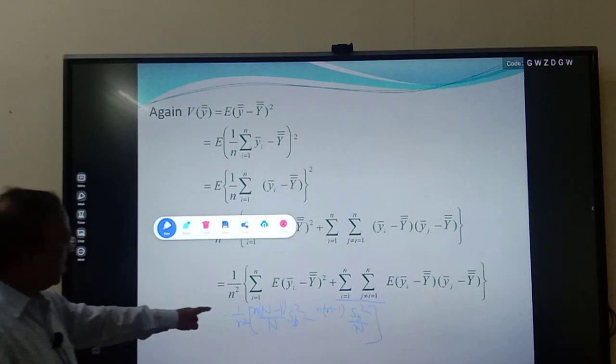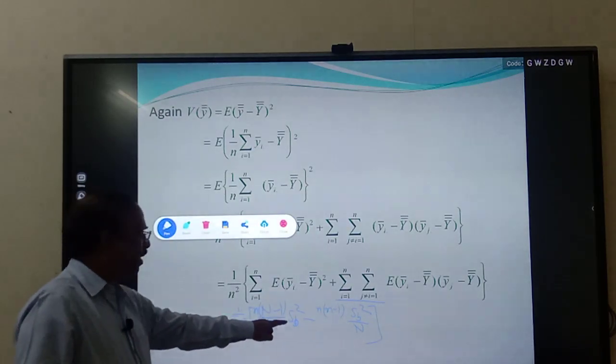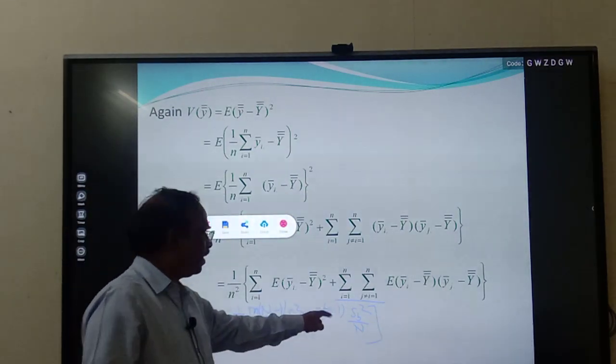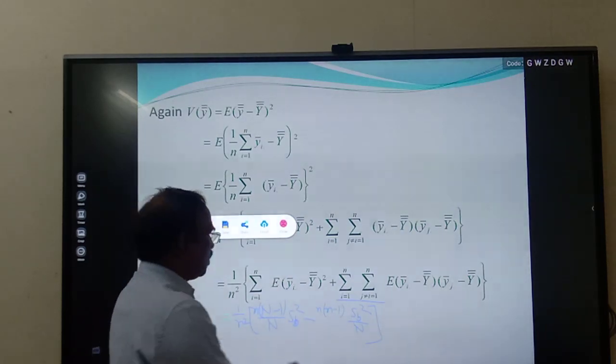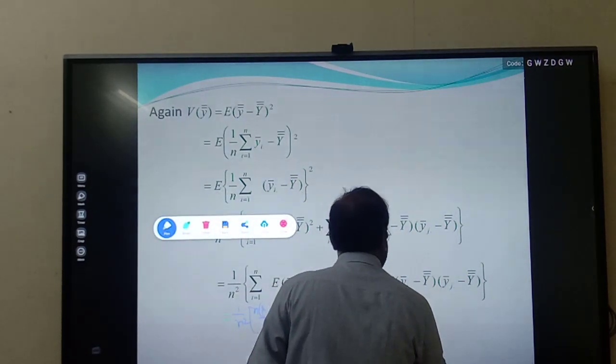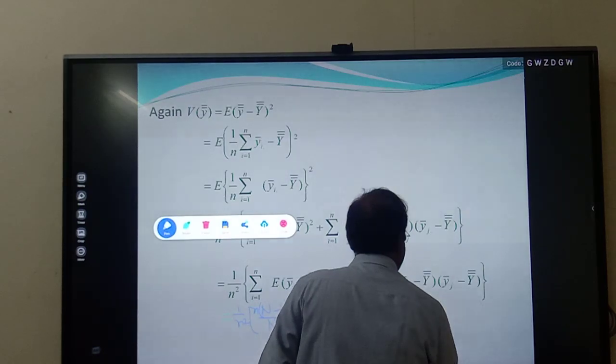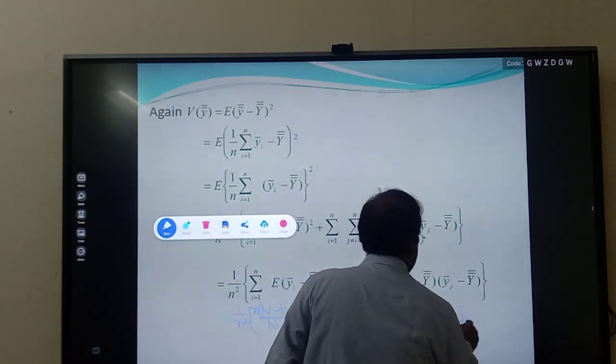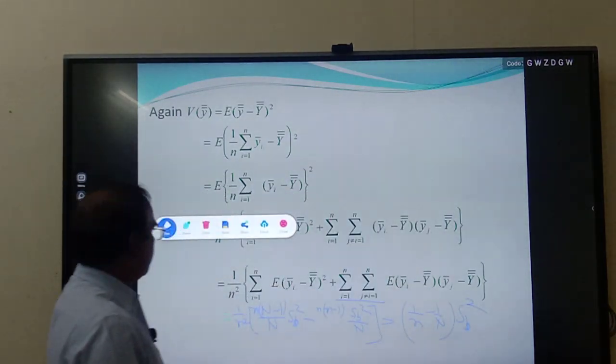So this is equal to small n minus 1 by n SB square, here n minus 1 SB square by n. So solving this, this becomes equal to 1 by small n times this SB square.